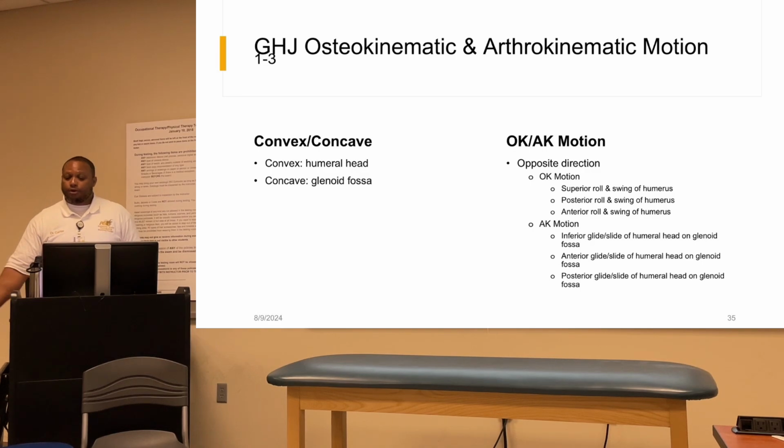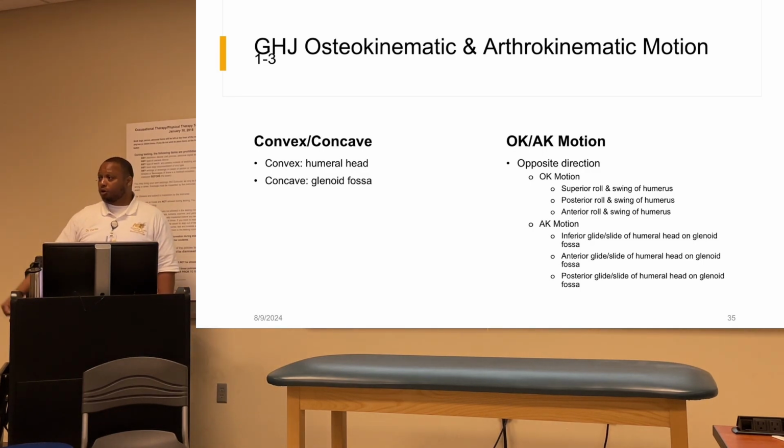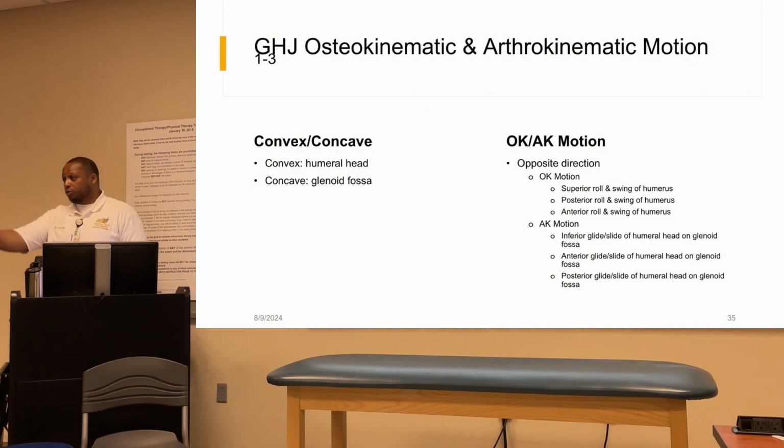So if I get a superior roll and swing of the humerus, right? If I go coronal abduction, or even sagittal plane flexion, I'm getting a superior roll and superior swing. So roll and swing occur in the same direction, you all. You want to notate that roll and swing is always occurring in the same direction.